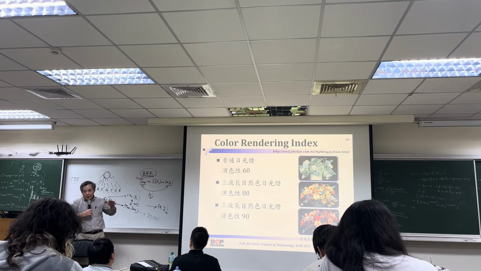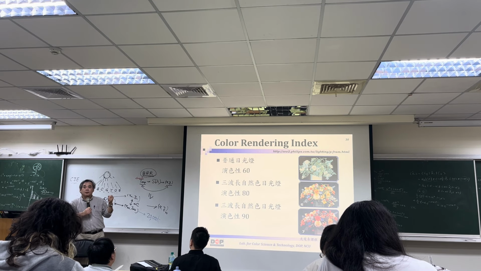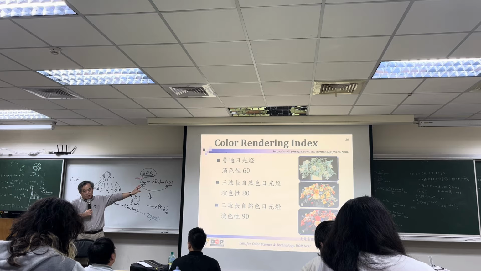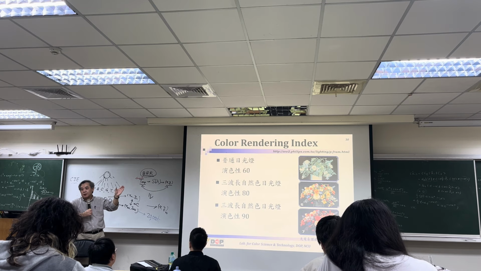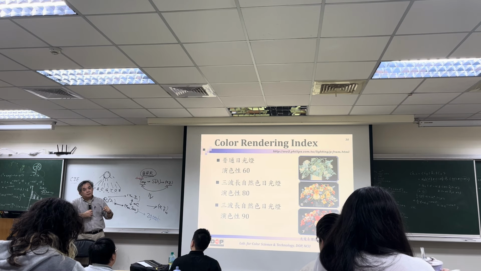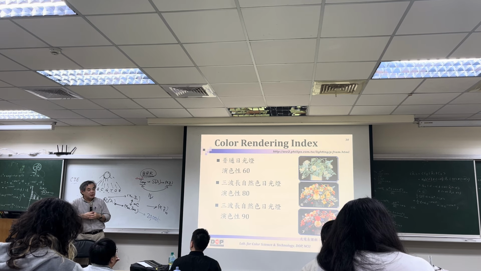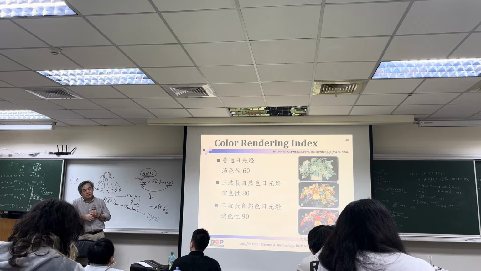But actually, if you look at the spectrum, it's not so simple. So in the beginning, Philips manufactured white light tubes with three wavelengths, for example fluorescent light with a narrow band. And they failed. The product was not so well accepted. What is the reason?